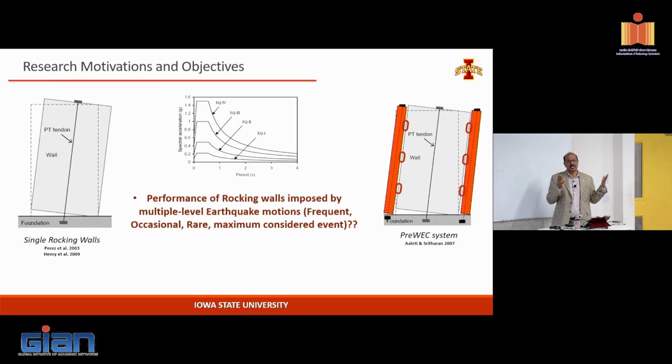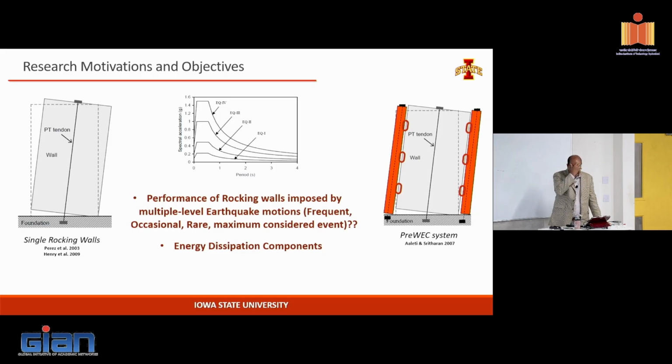So you can design the connectors with enough flexibility so that they remain elastic. So connectors don't go into any deformation if it's a 4.5. And if you go to Alaska, 4.5 is like every other day they get a 4.5. So you don't want those connectors to get exercised. So that's the whole purpose there.